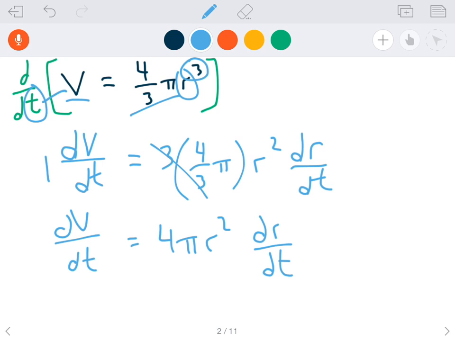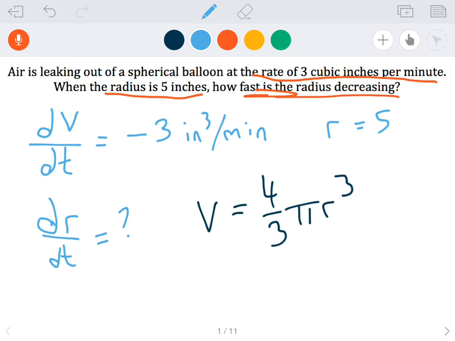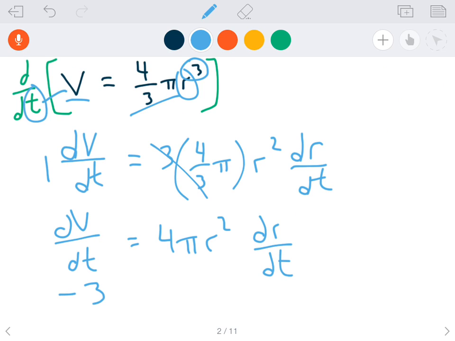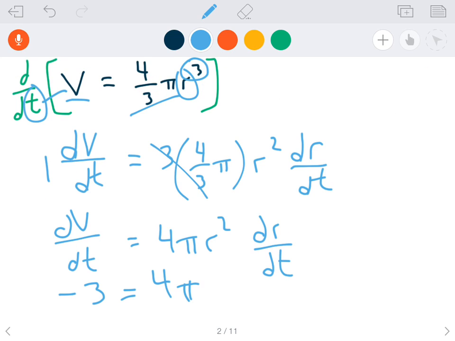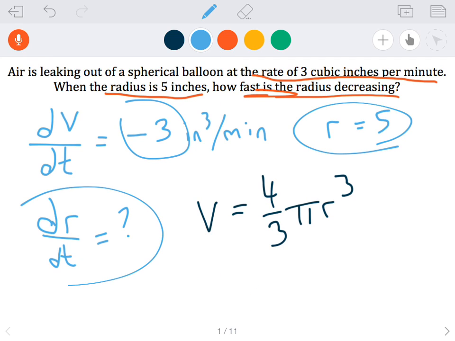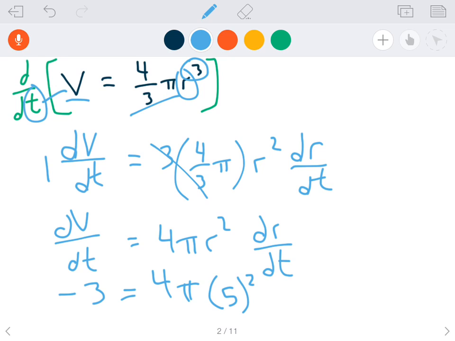Now let's plug in what I know. dV dt is -3 equals 4 pi, r is 5, and I'm looking for dr dt. And this looks good. I have one equation and one variable that I'm solving for.